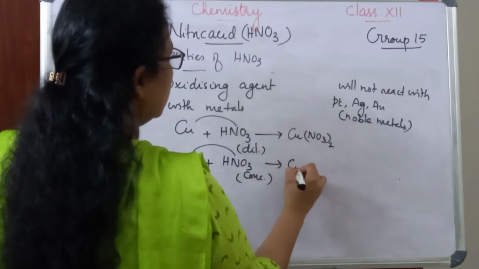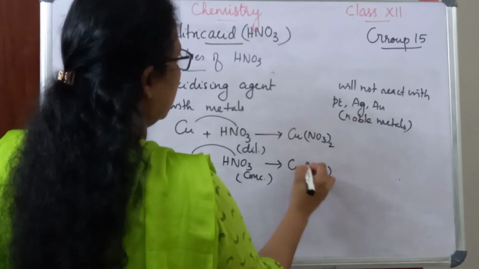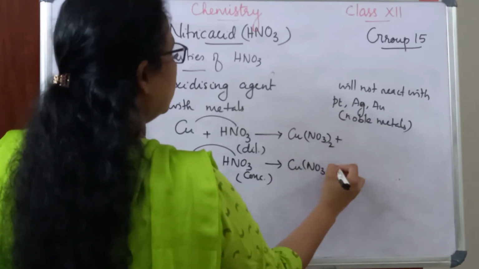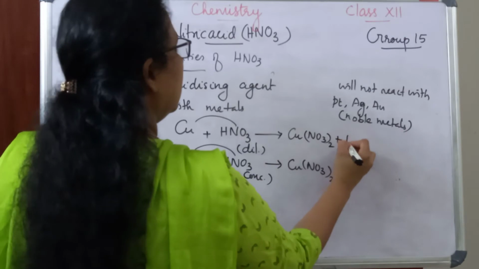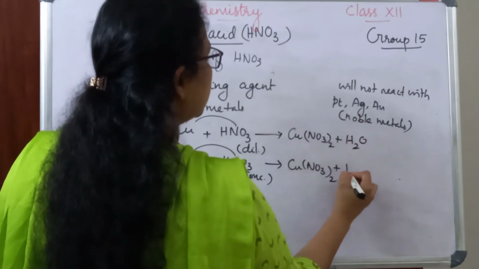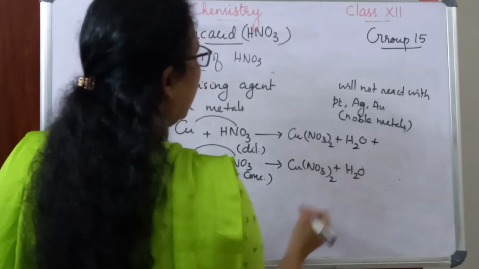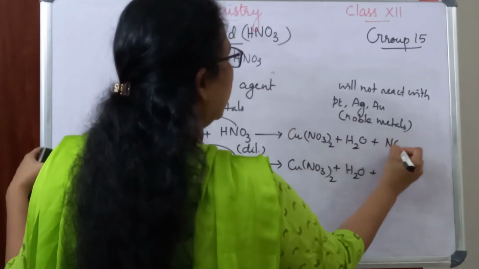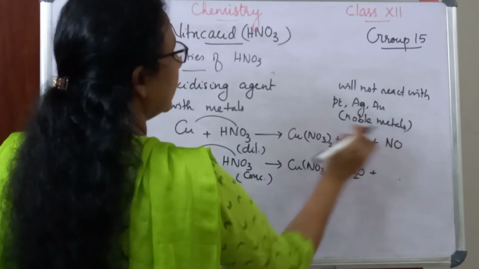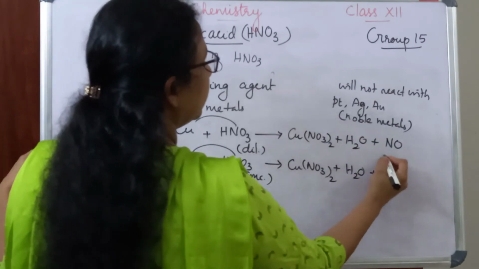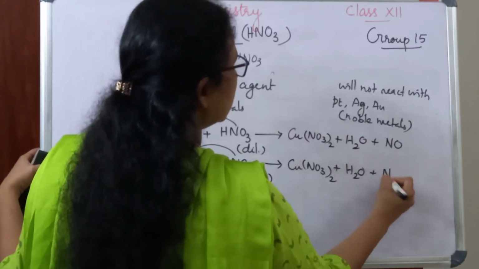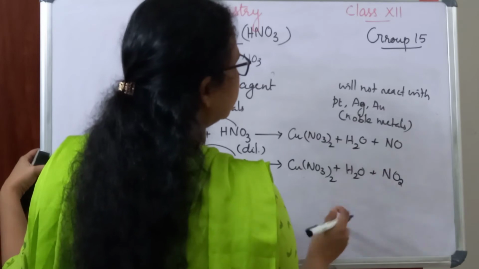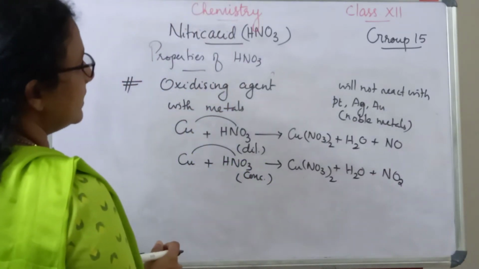Here also Cu(NO3)2. In both cases another byproduct will be H2O, and in the first case NO. So the oxide of nitrogen formed here is NO. In the second case it will be NO2. So these are the products.